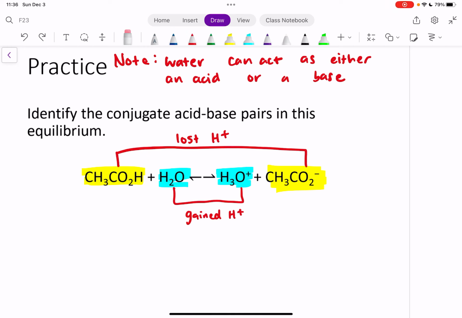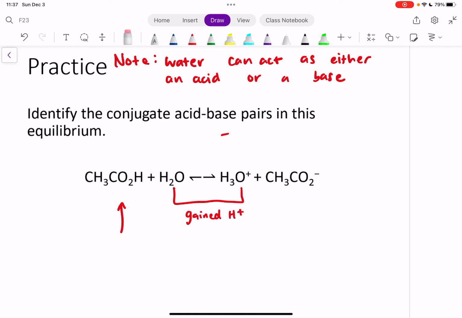So which one is our acid and which one is our base? Yeah, this thing is going to act as our acid. It lost a proton, or donated a proton. Well, donated a proton to who? To water. If that's our acid, then our water must be our base. Okay, so this is our acid, and specifically this has a name.